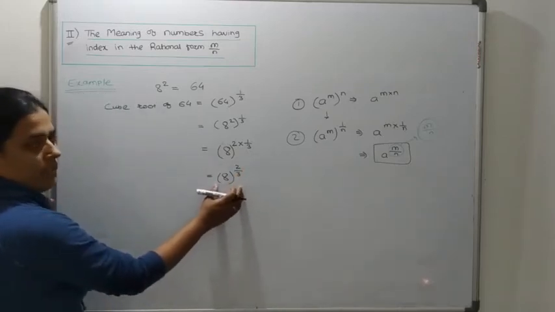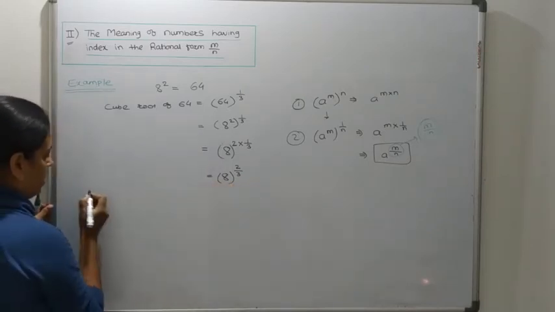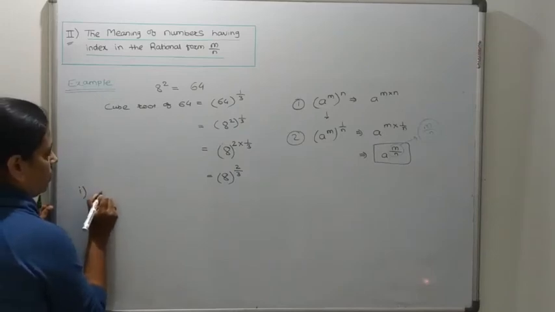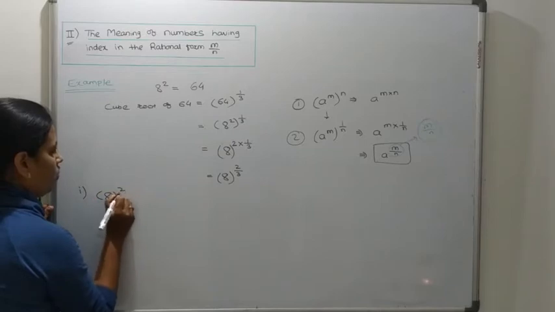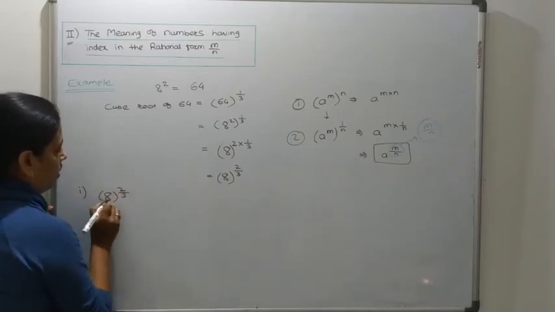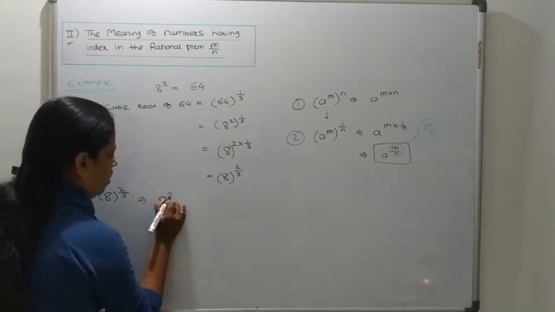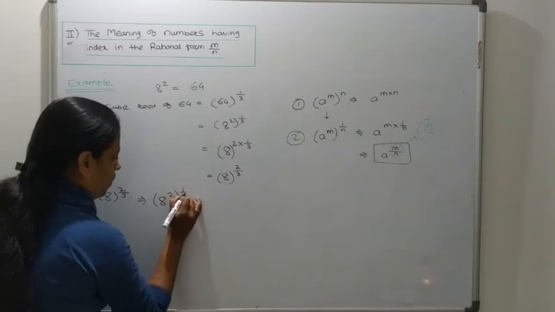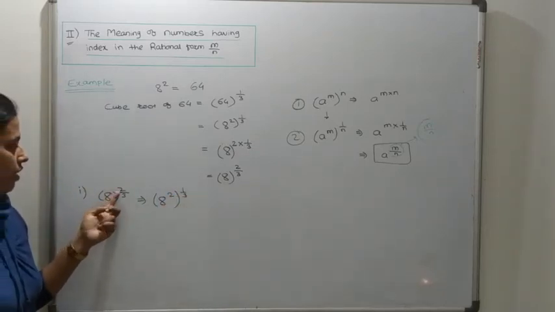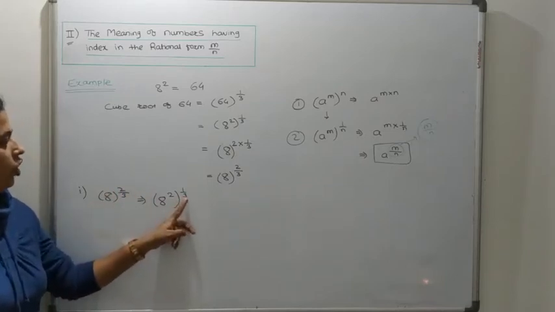For writing this in word format, there are two ways. First, if your number is 8 raised to 2 upon 3, write it as 8 squared, whole raised to 1 upon 3. We separate the numerator: instead of 2 there is a 1, and the denominator has the same value.